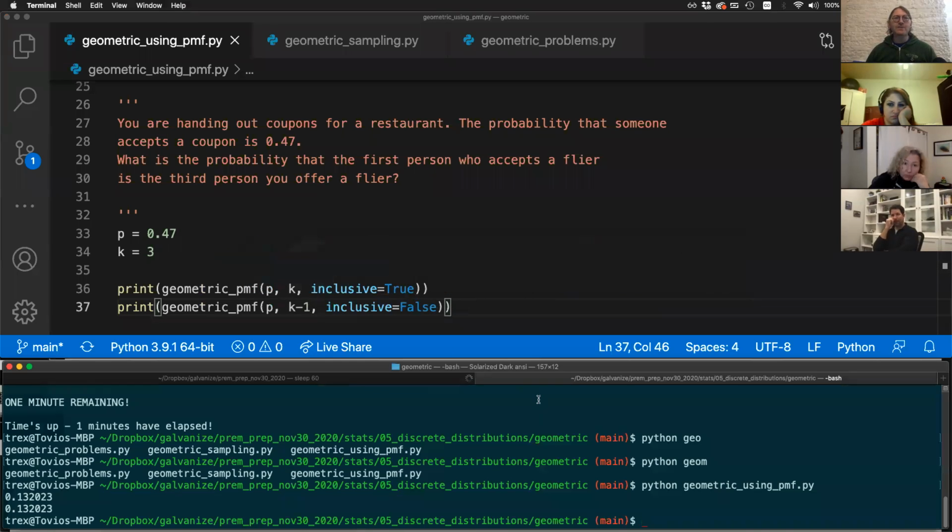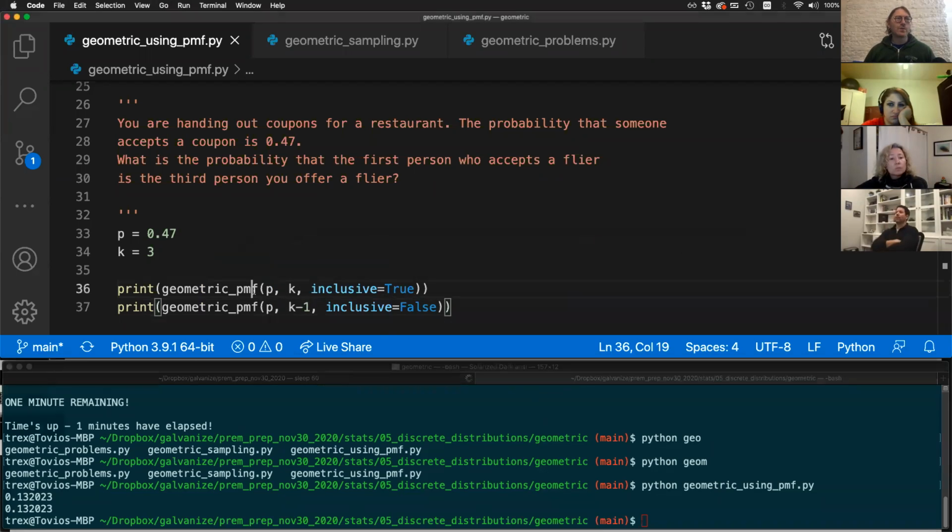And you might ask, well, why this redundancy? Why would we write a function that does this one way or the other? And I don't have a great answer for that. The answer that I do have is that you see the geometric PMF in different forms at different times. And a lot of that has to do with the domain where it's being applied.